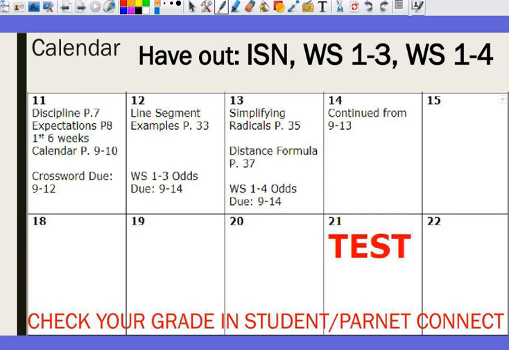Next thing, the reason why I say check your grades is because when I was putting them in the grade book, some students would put like their nicknames. Okay, so like for example, if someone's name is Daniel, they may put Danny. If there's multiple Daniels, it's hard for me to know which one's which, right? So that's why I'm telling you to check, and that's not a very good example.